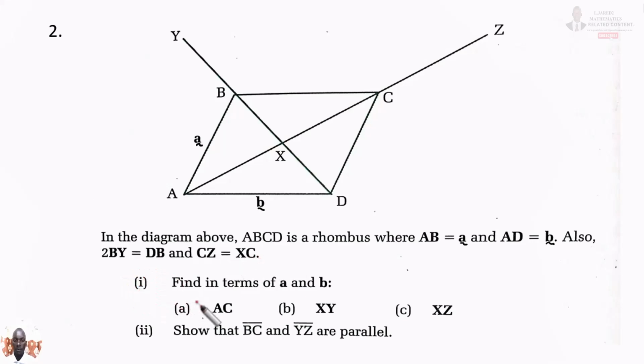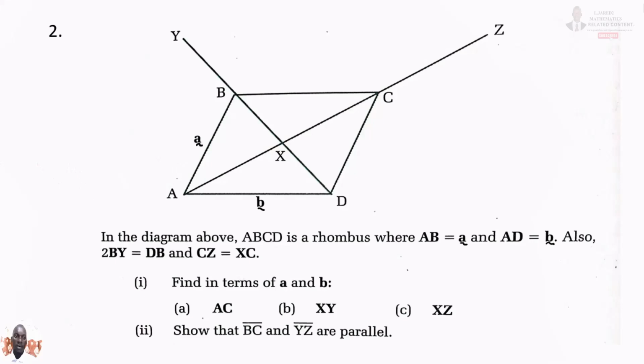Roman numeral 1: find, in terms of vectors a and b, part a, the vector AC, part b, vector XY, and part c, vector XZ. Then Roman numeral 2: show that the lines BC and YZ are parallel.